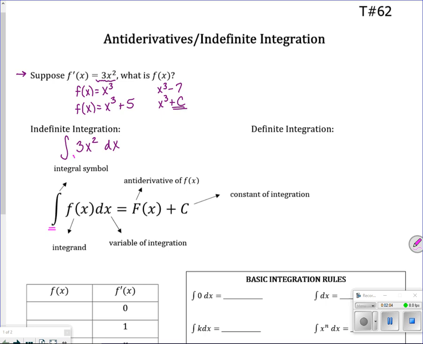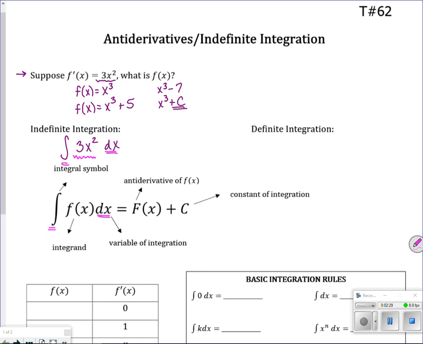What is right here is called the integrand. And here's the deal: this and this are bookends. You can't have an integral symbol without having a d something. Kind of like with derivative taking, you have to know what variable you're taking the derivative with respect to. That's the same thing. You have to know what variable you're integrating over.